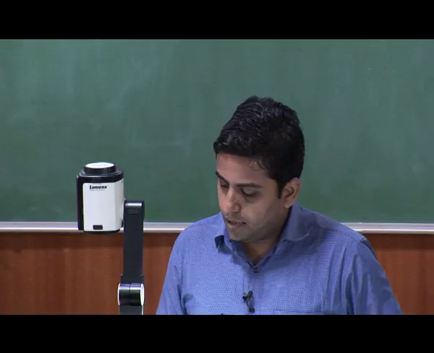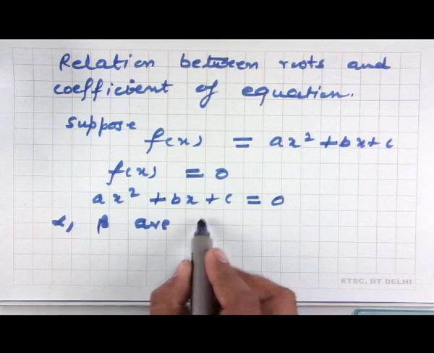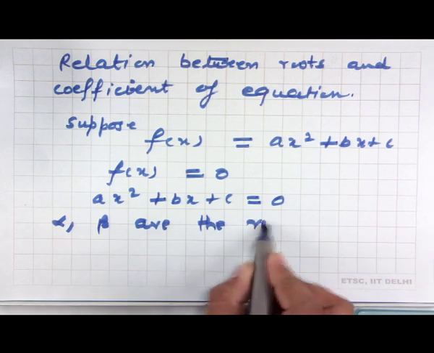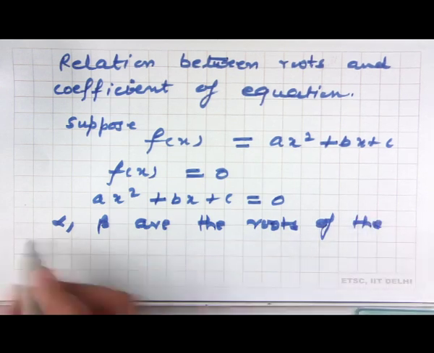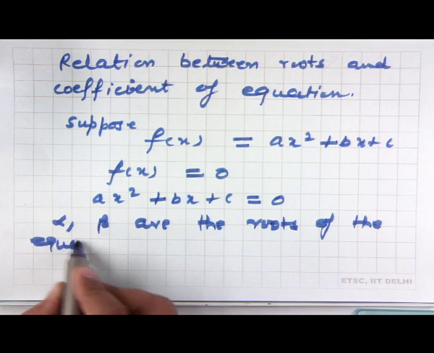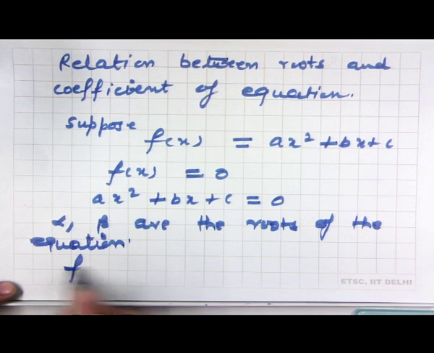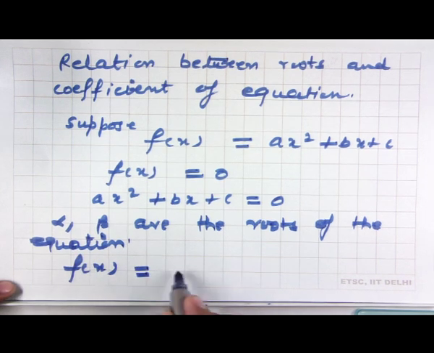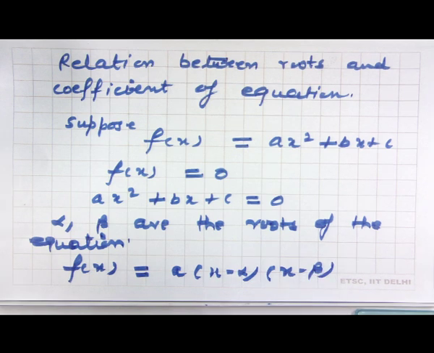Suppose alpha and beta are the roots of the equation. So the value of f(x) will be a(x minus alpha)(x minus beta), because the coefficient of x square is a.